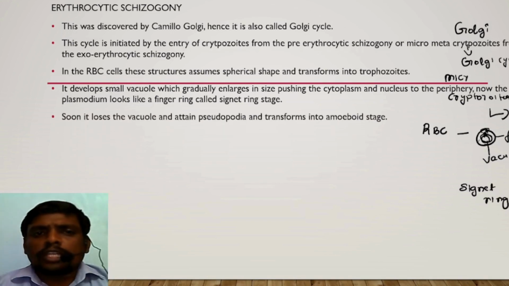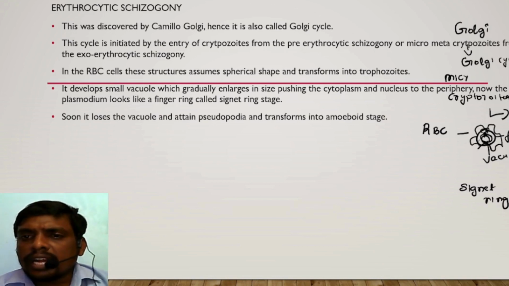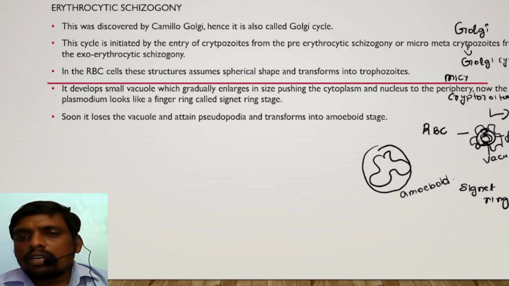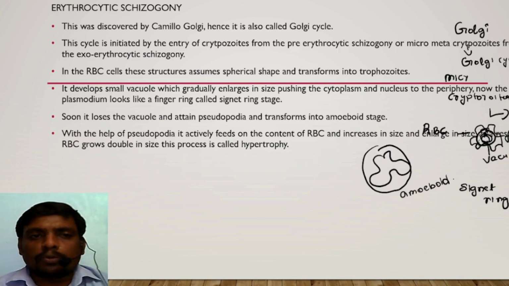Soon it loses the vacuole and attains pseudopodia. This stage is called the amoeboid stage, because it looks like an amoeba.